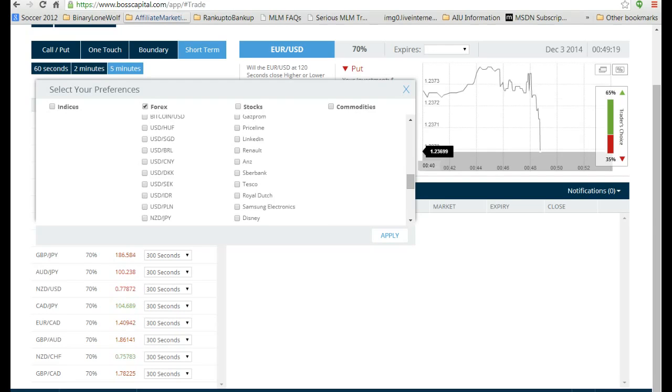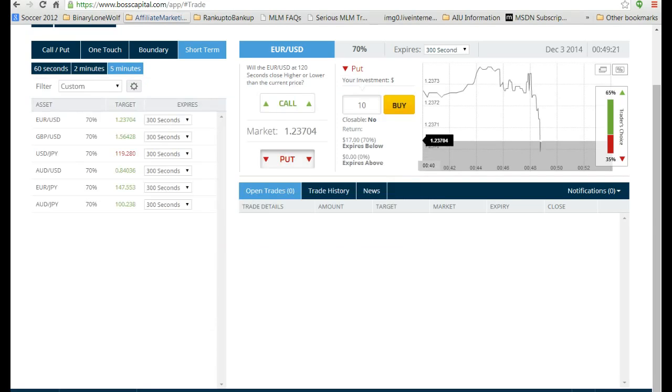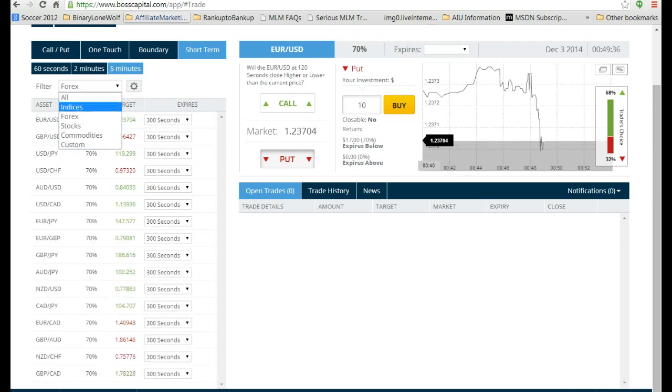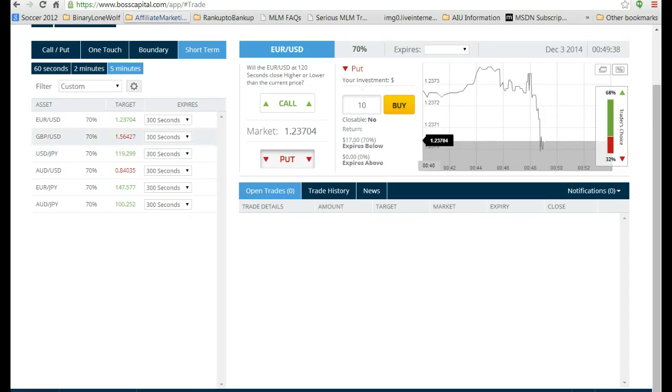Then click apply, and these are the only currency pairs that I'm actively watching. Now you might say, what if I want to go back to Forex? You can just click on Forex, but your custom list will still be there, and then you're only looking at those.